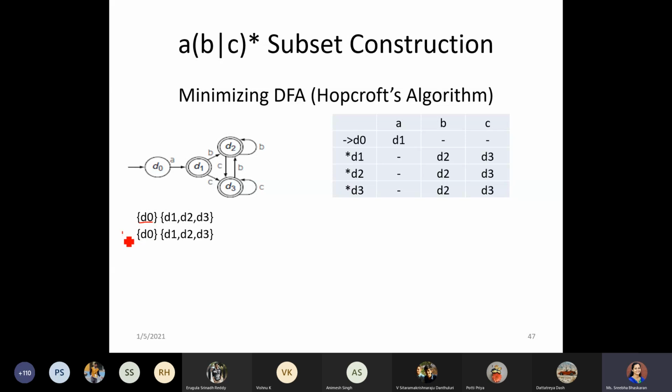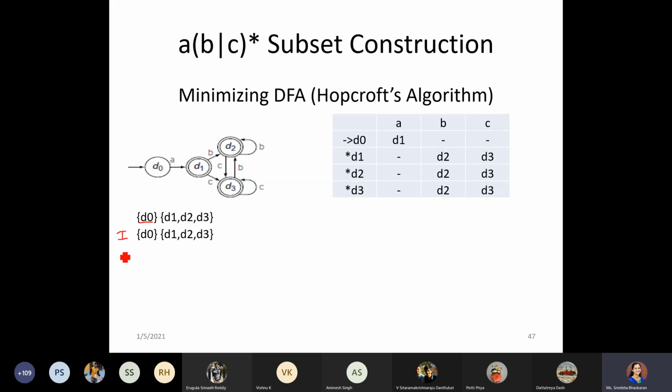Now we are starting the iteration. In the first iteration, we pick the first set and try to find out whether its states belong to the same group or not. We picked the first set, which is D0. Since it had only a single state, it belongs to that particular group itself. In the second iteration, we are picking the next group.